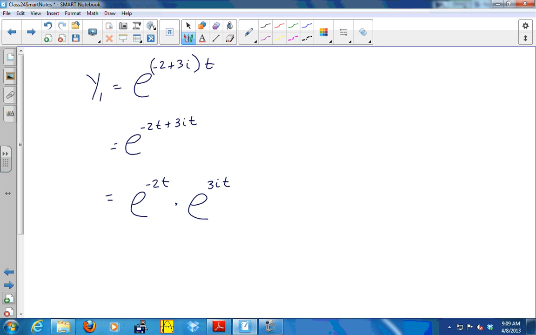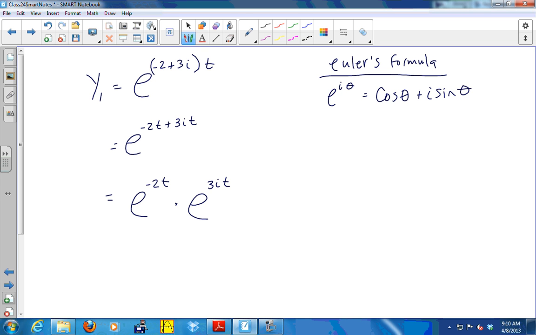And then I use Euler's formula on e to the 3it. So if you remember, that says that e to the i times something is cosine of something plus i sine of something. So in this case, my something, my theta, is 3t.